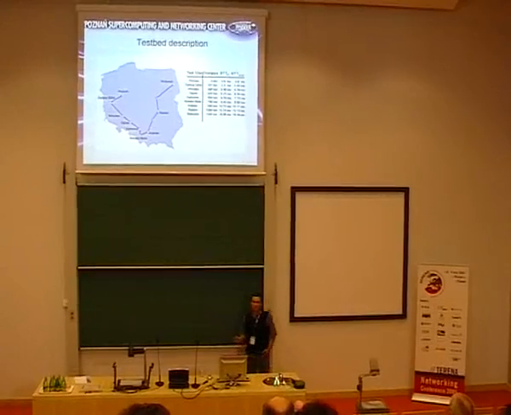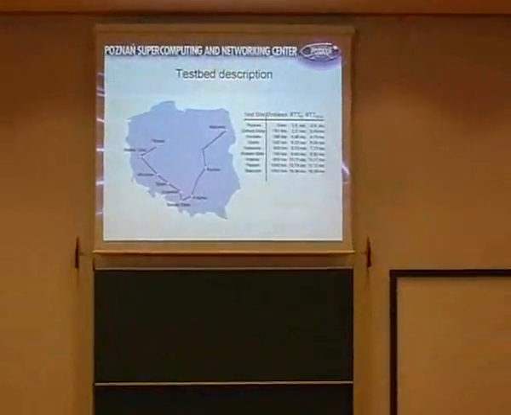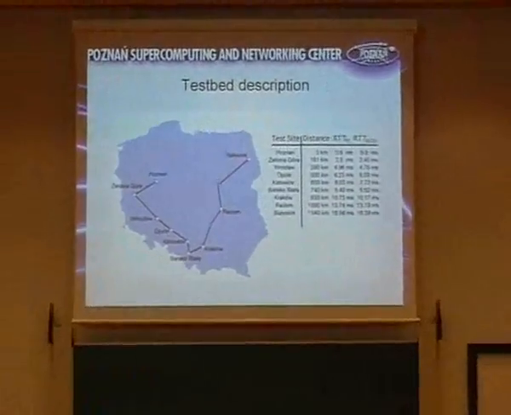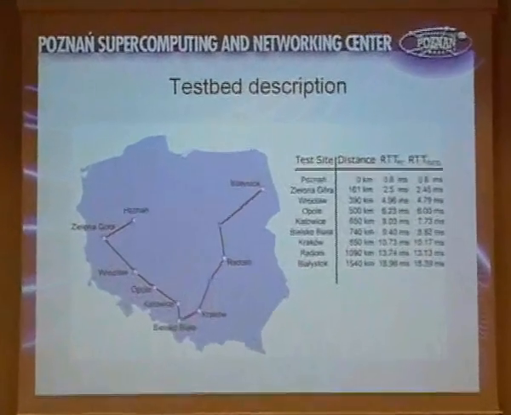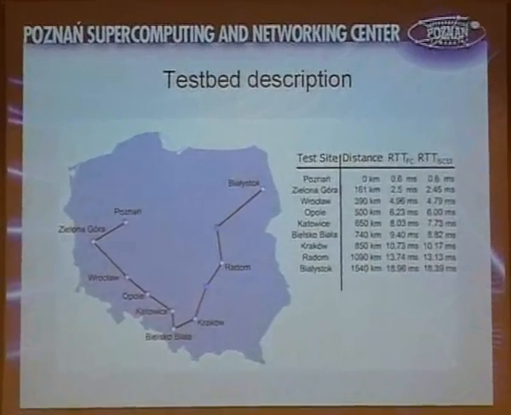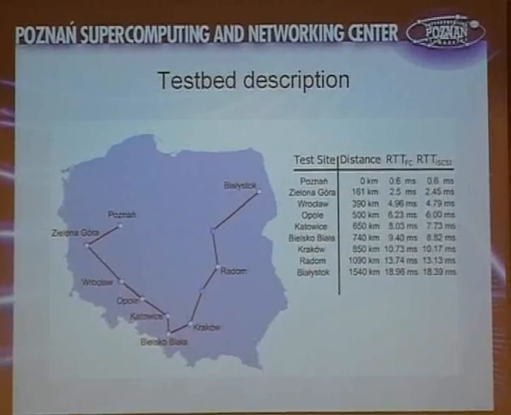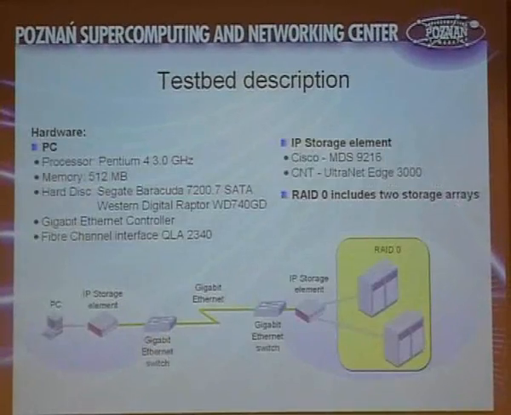As you can see, nine locations in our network were chosen as measurement points. The maximum distance between them is over 1,500 kilometers, and the corresponding round-trip time is about 20 milliseconds. Here you can find a detailed description of our testbed.